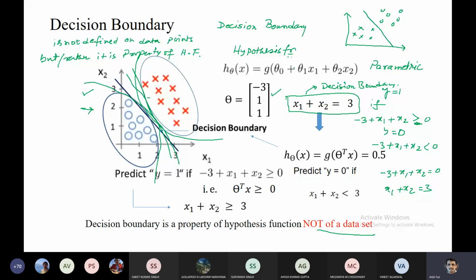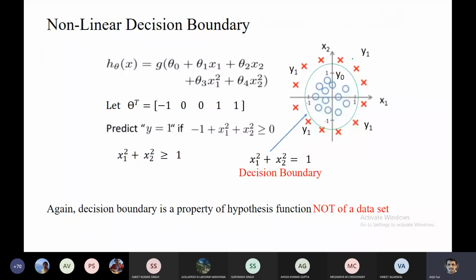So now the question is, if this is the kind of setting, you see the decision boundary here with a higher polynomial, so a higher degree decision boundary.